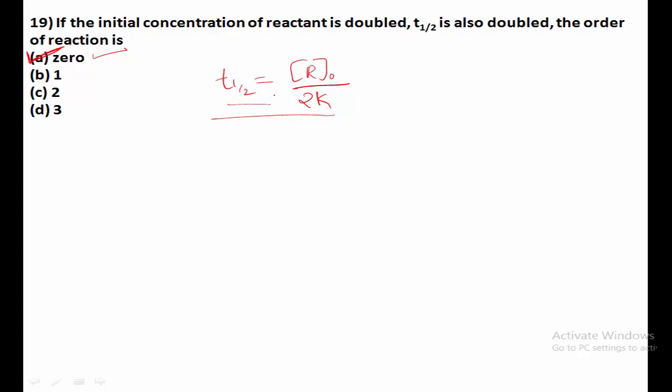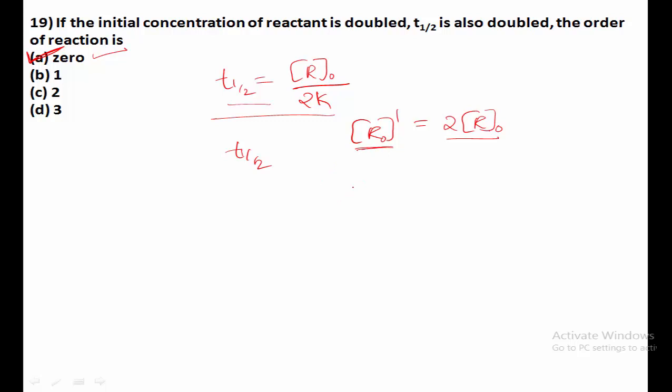So zero order reaction. First order reaction is independent of initial concentration. So we can simply derive it. T half is equal to R naught divided by 2K. Now consider R naught dash is equal to 2 R naught, meaning the initial concentration of the reactant is doubled to R naught dash.